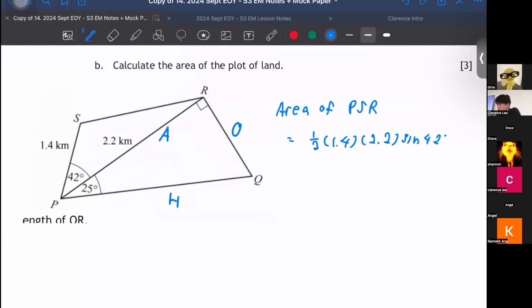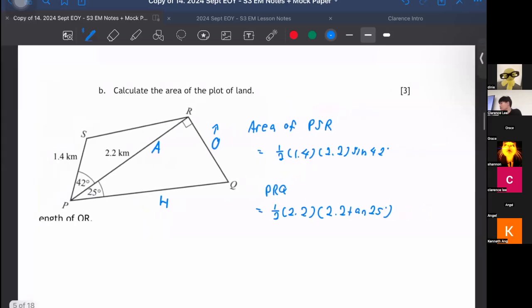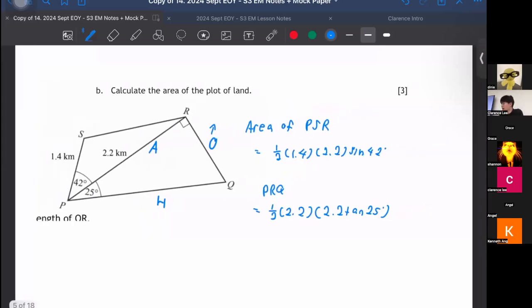Second portion for triangle PRQ. Just now we found RQ already. So technically we can use half times base times height. So half times 2.2 times my RQ, which is 2.2 tangent 25 degrees. So one is for PSR, one is for PRQ.